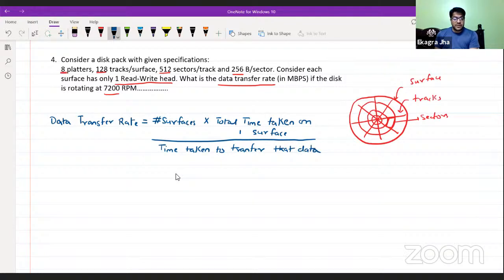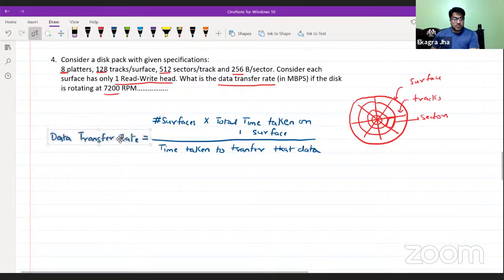I'm going to explain it for you. The data transfer rate is the number of surfaces multiplied by the total time taken on one surface, or sorry, let me correct this, this is not the correct thing.